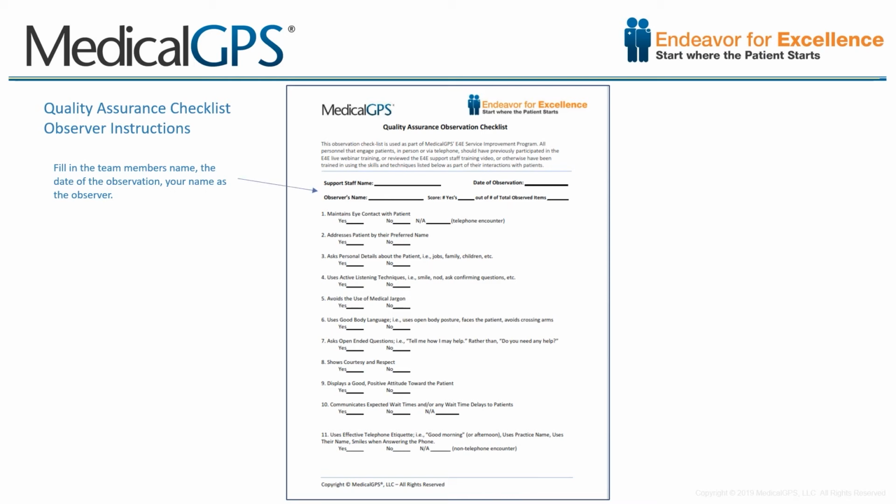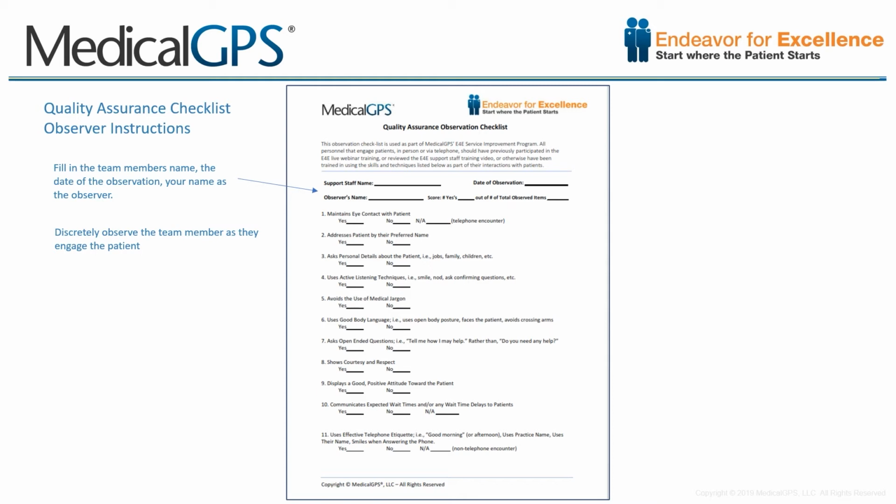Start by placing your team member's name at the top of the form, the date of the observation, and of course your name. Then, as you approach the work area, you want to place yourself in the work area so that you can discreetly observe the team member as they engage the patient.